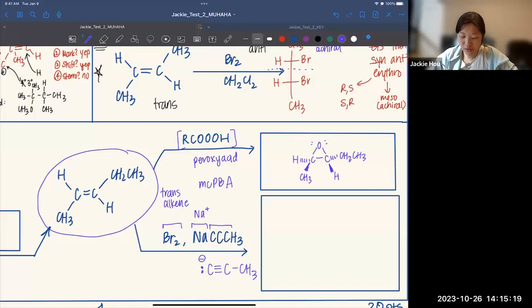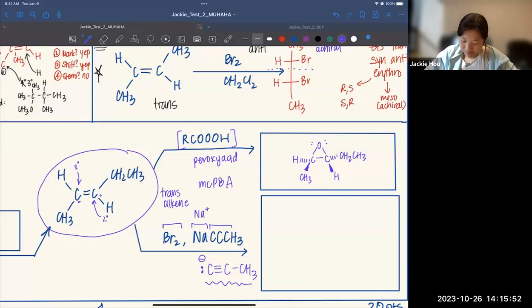Our trans alkene, this carbon over here is secondary, and this one's also secondary, so there isn't really a preference for which one it adds. It's similar to how we have an internal asymmetrical alkyne, right? So the Br can add to this carbon over here, or it can add to this carbon over here. And this whole thing will serve as your nucleophile, and it's going to add to the other one that the bromine doesn't add to.